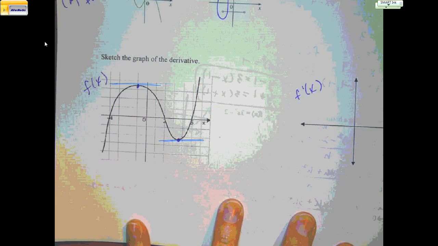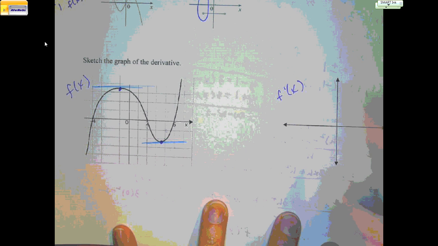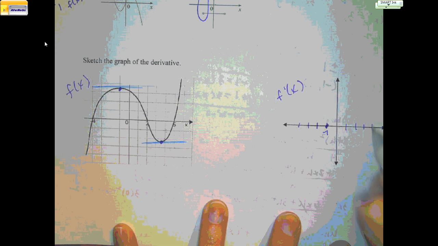So if this is f of x, and this one is the derivative of f of x, 2 of the points on the derivative graph are going to be (-1, 0) and (3.5, 0).